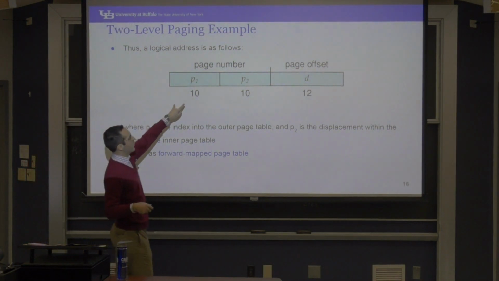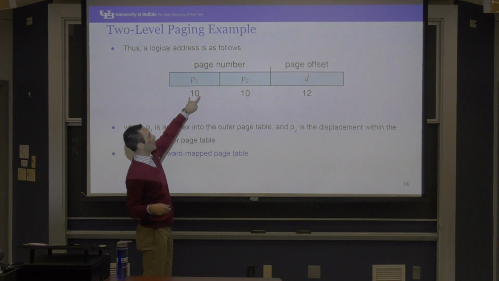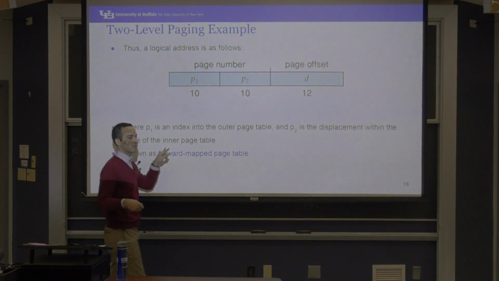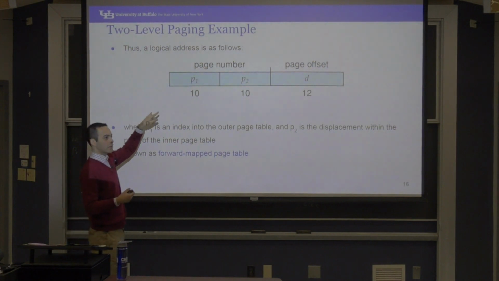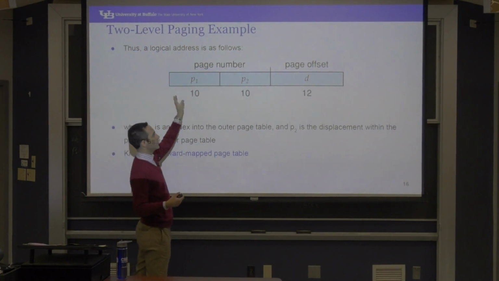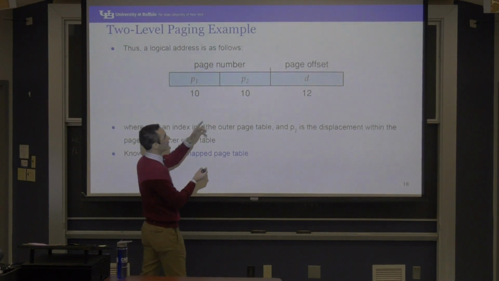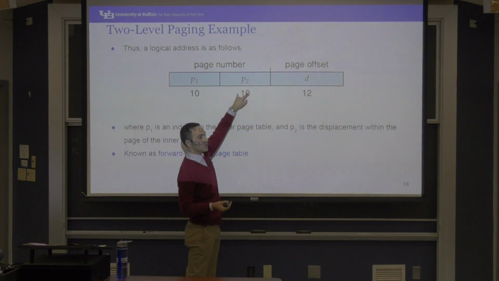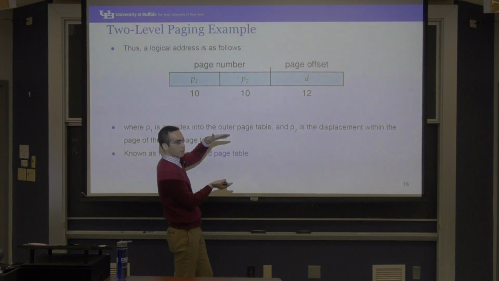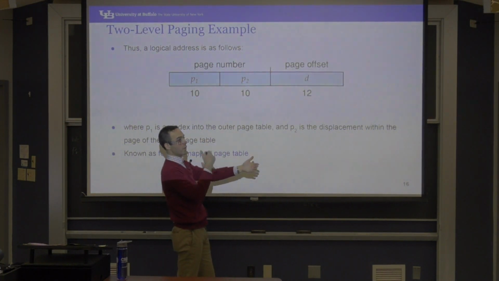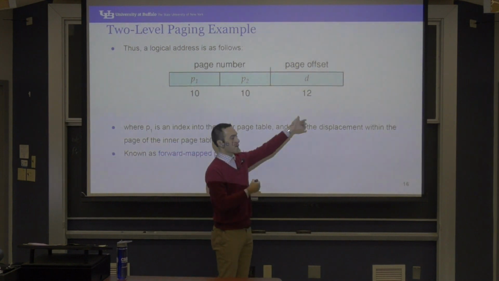What happens is that first you access this page P1, which Intel calls the page directory. You first look at where this range of pages is in memory. Then you find it, and you look at the entry within that directory. And then you actually read the page or the frame which is mapped in memory, and then you add the offset.